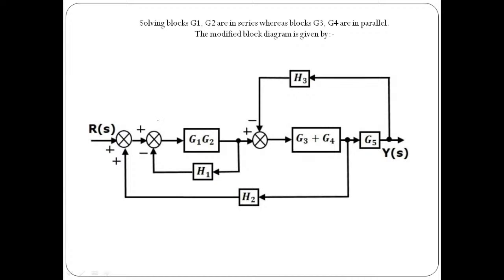Now, if you see this particular path, here we can apply the elimination of feedback path. Why? Because this will be the forward path of gain G1 into G2. This will be the feedback path of gain H1. And here we can easily apply elimination of closed loop. I hope this point is clear to everyone.